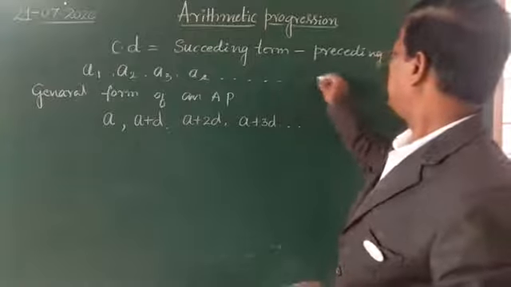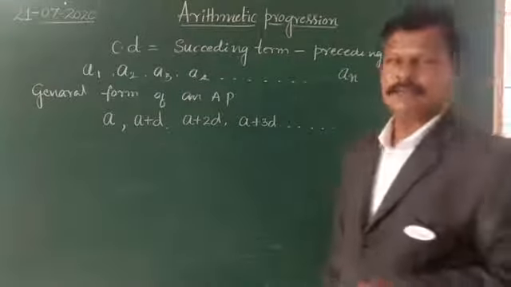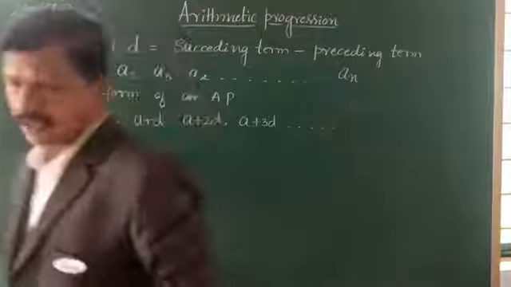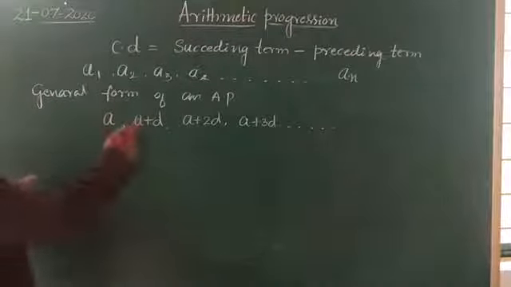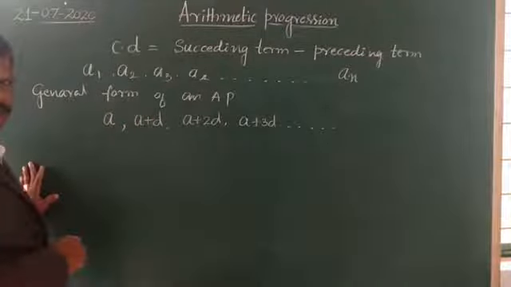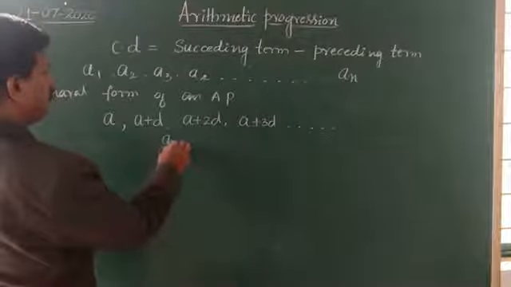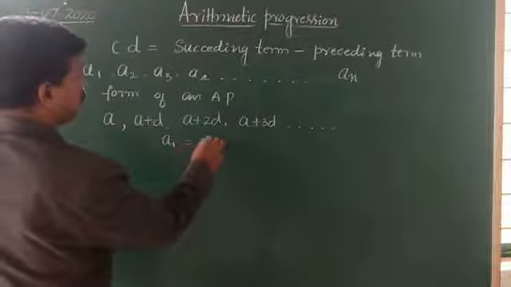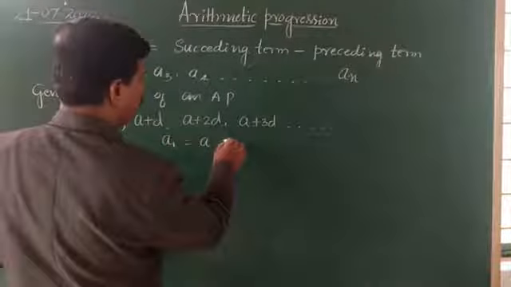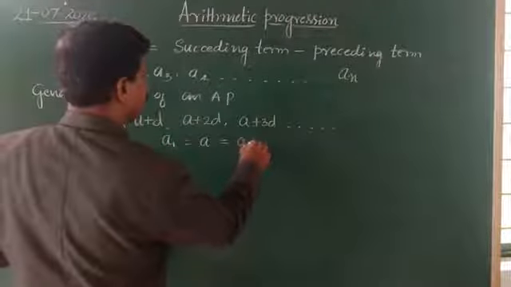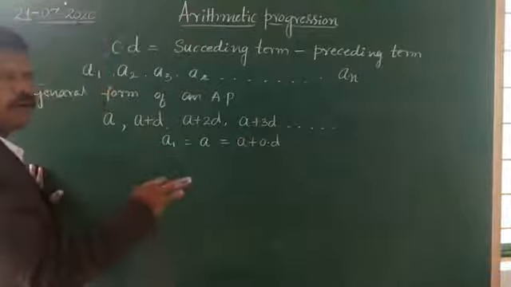Now the nth term is represented by AN. Now how to represent AN? How to write the nth term of an AP? Okay, look carefully. A1 is what? A. Is there any D? No D. So I am writing this as A plus 0 into D. 0 into D means 0.